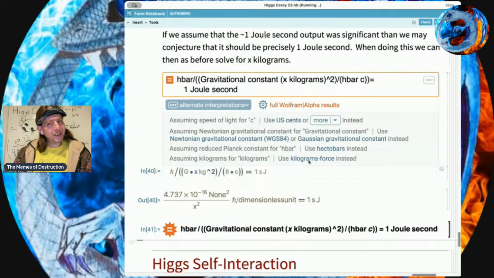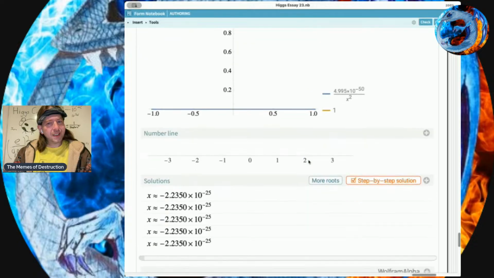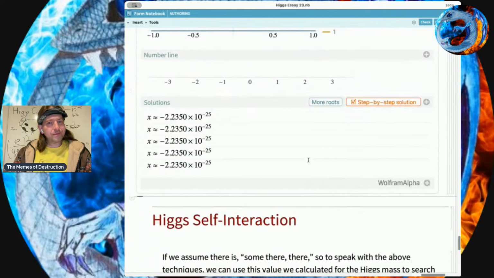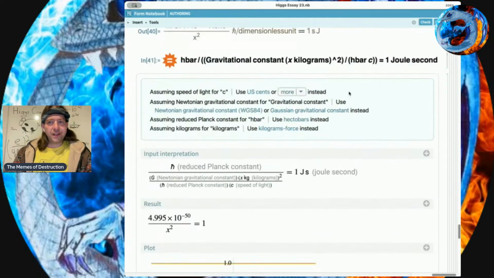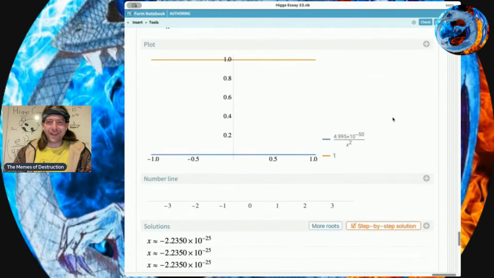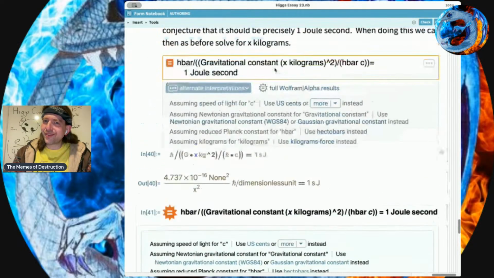What did I do wrong? Okay. So, no, it's a lot. We don't have a parabola. That is a square term, but it's giving the correct answer.